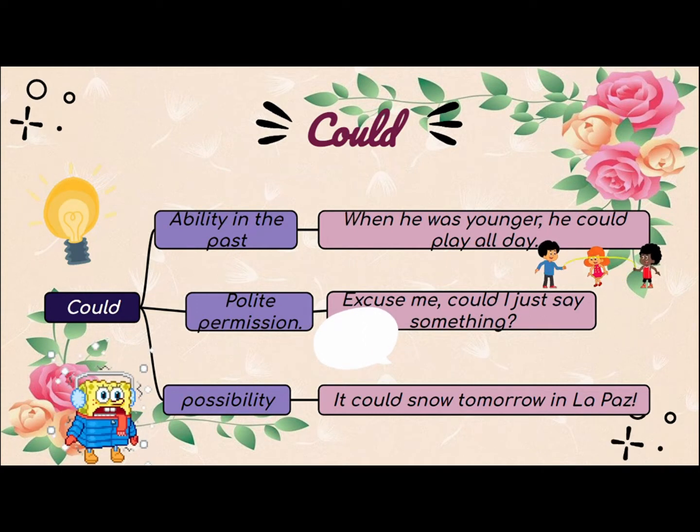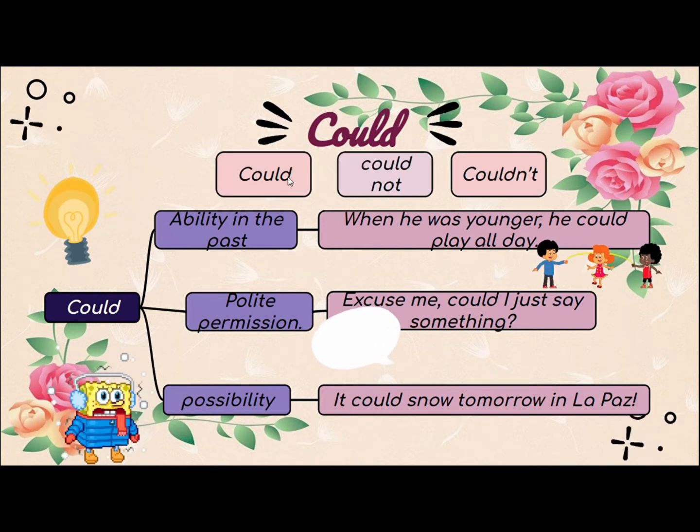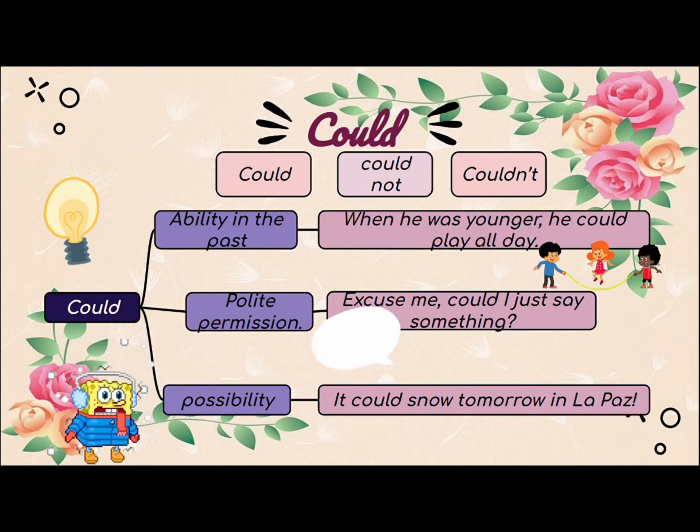Could. The modal verb could has a positive form, could, a negative form, could not, and the contraction form of the negative form, couldn't. We use this modal verb to express an ability in the past. For example, when he was younger, he could play all day.